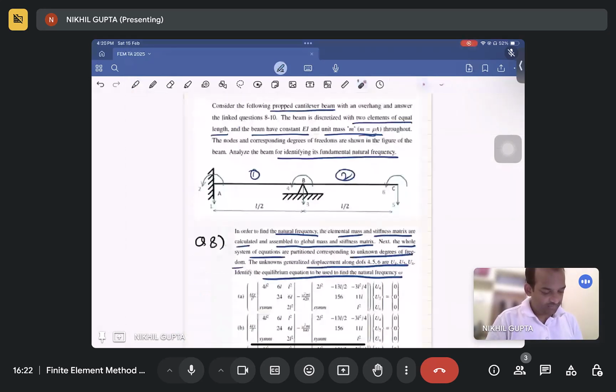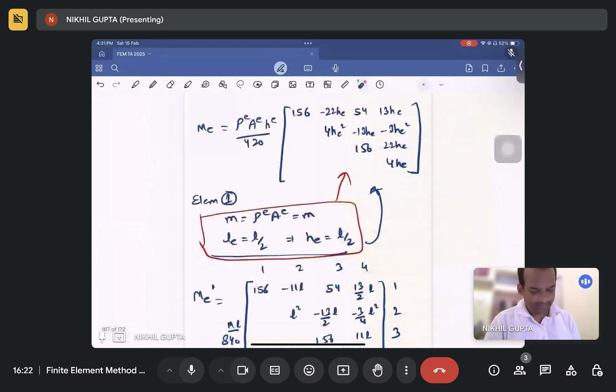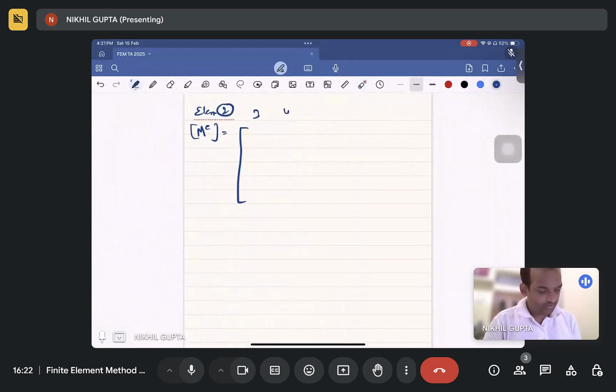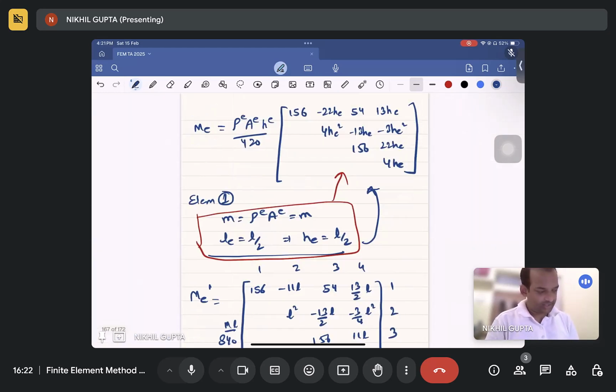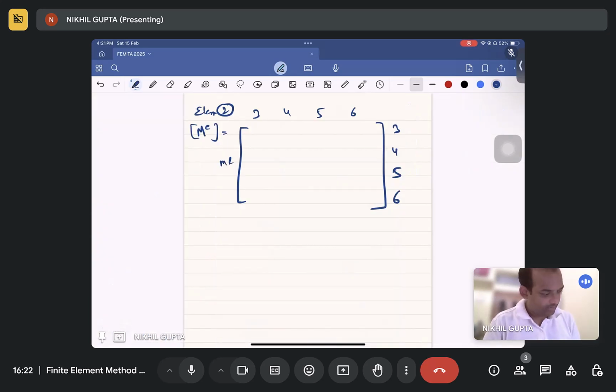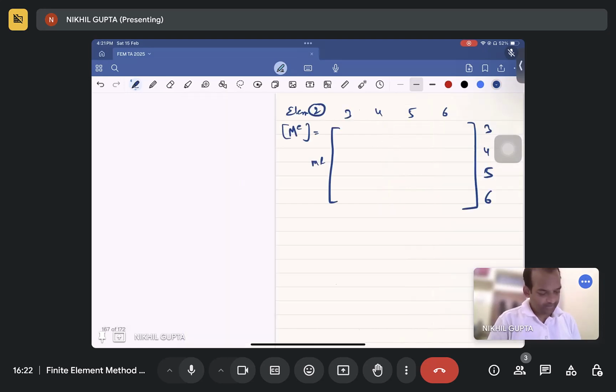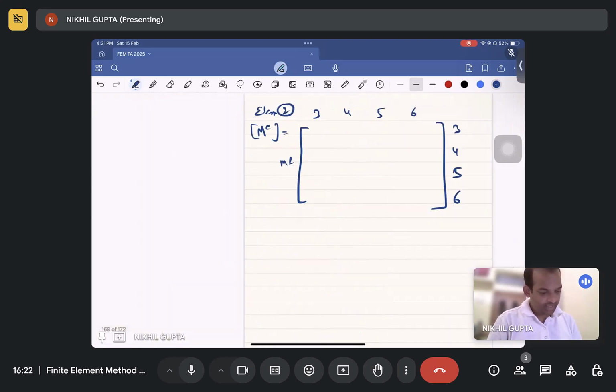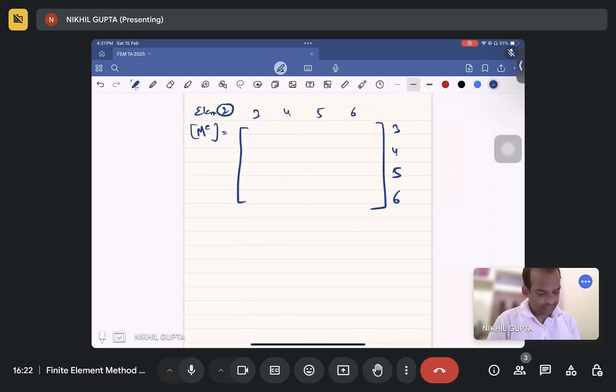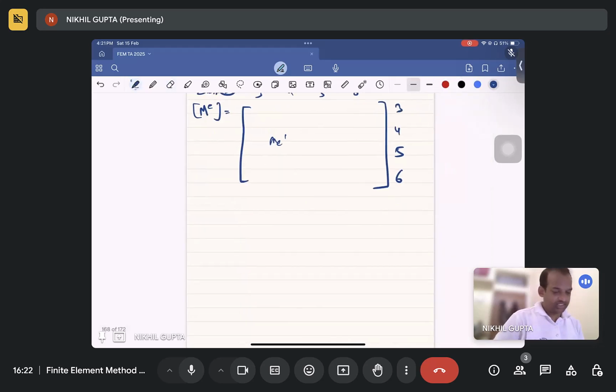So here it is 3 4 5 and 6. So 3 4 5 6 should come here, and here also 3 4 5 6. Now we'll start substituting again in this, and what you will get is mL by 840, the same thing as element 1, just these indices are changed.